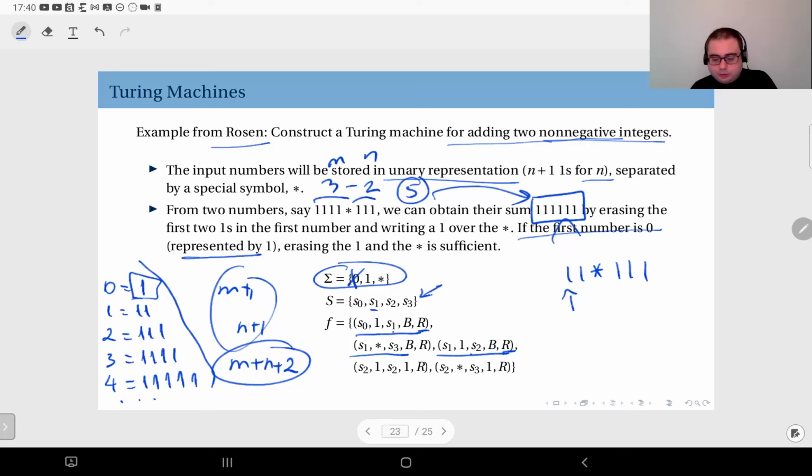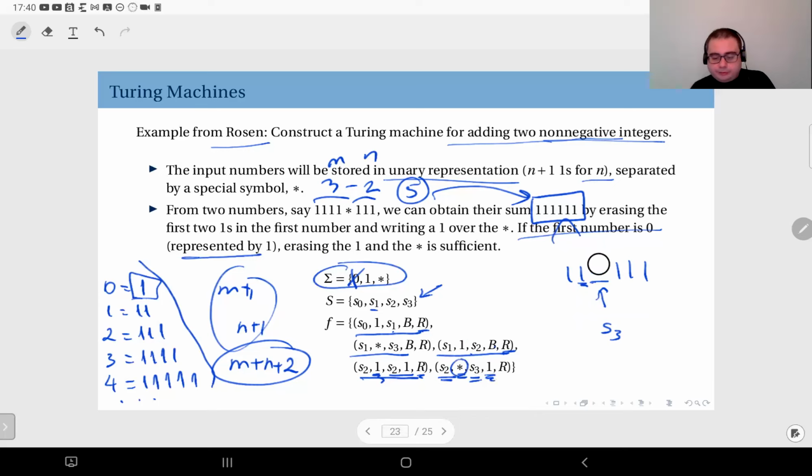Move right, I'm looking at this symbol now, I'm in state S2. In S2, if I encounter a 1, do not do anything but move towards right. So move towards right here, again move towards right, because this is also a 1, but now I encounter the separator. So when my state is S2 and the input symbol is the separator, go to state S3 and write a 1 on top of this separator.